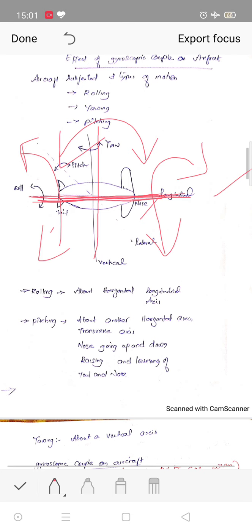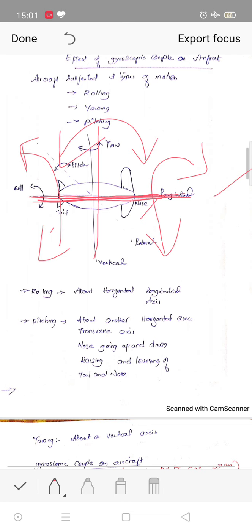The nose will rise and the tail will dip, or the tail will rise and the nose will dip. You just imagine, once the nose is rising, the tail is dipping. In the next case the tail is rising, and the nose is dipping. So it is also rotating about a horizontal axis. That type of motion is called pitching.